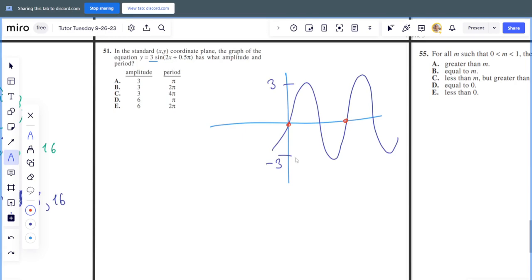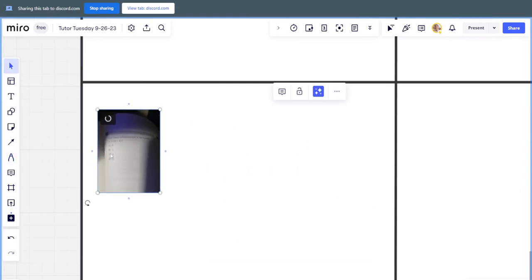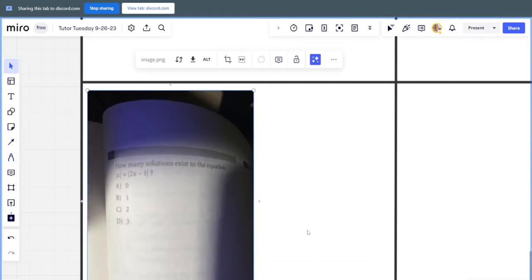So the period is actually going to be every pi units, it's going to repeat, because we'll cover that whole circle of sine values from 0 to 2 pi. Exactly. Paste this one in here for later.